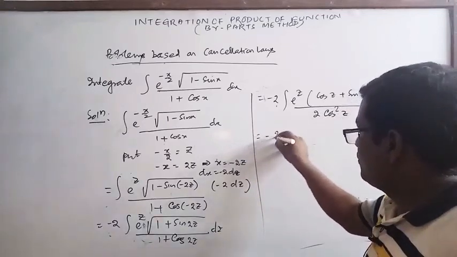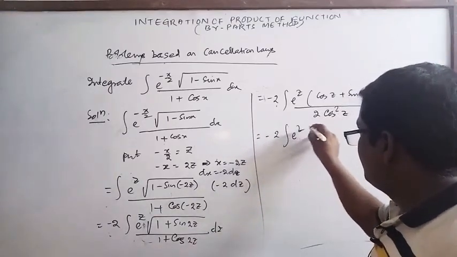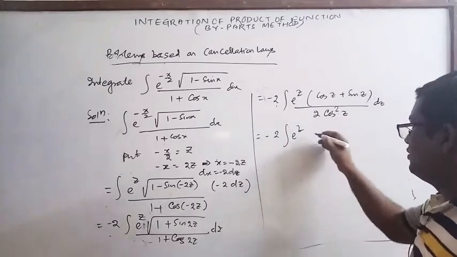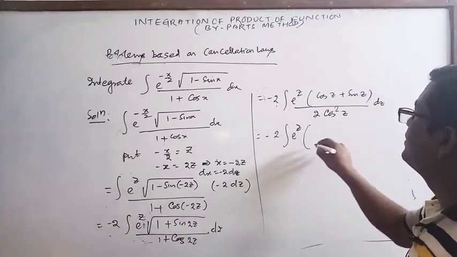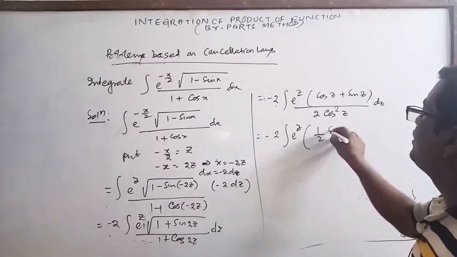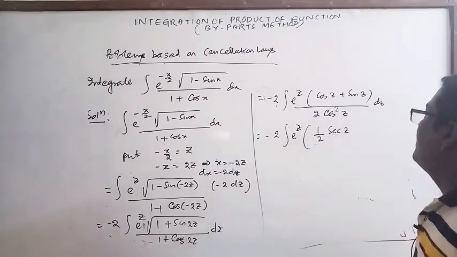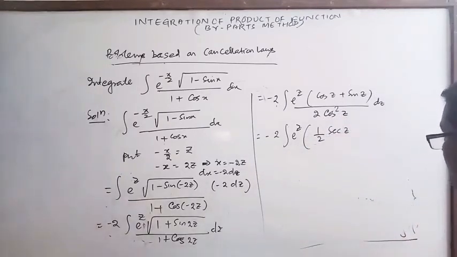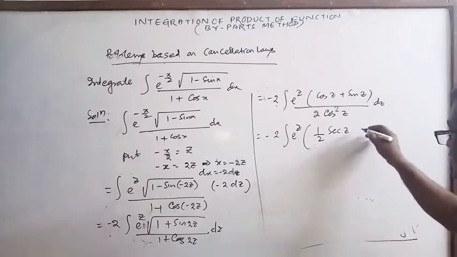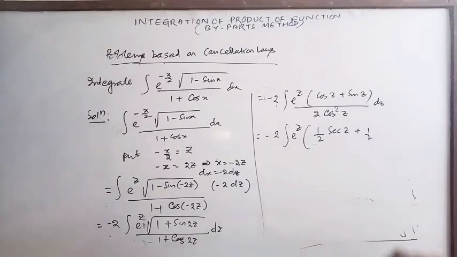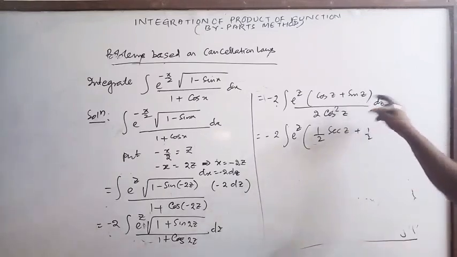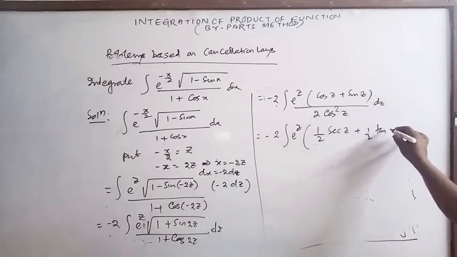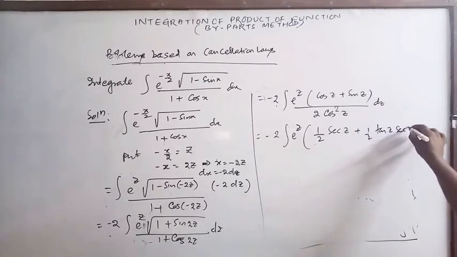So minus 2 into e to the power z, and this is cos z plus sin z by 2 cos square z, that is 1 by 2 into sec z, and sin by cos means tan, so this is equal to tan z into sec z. Clear?